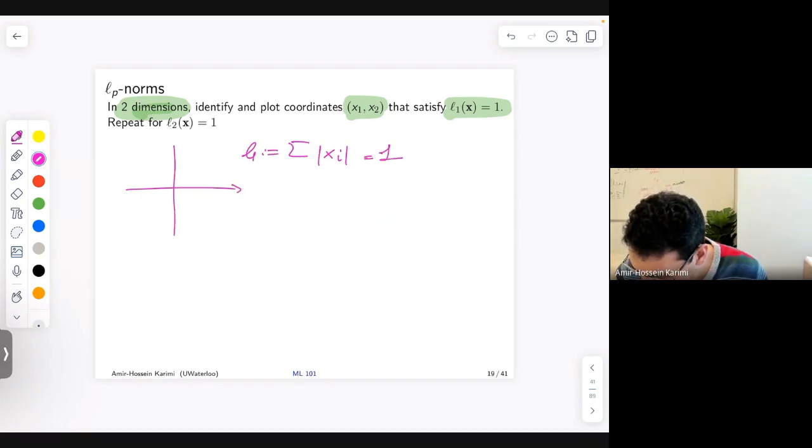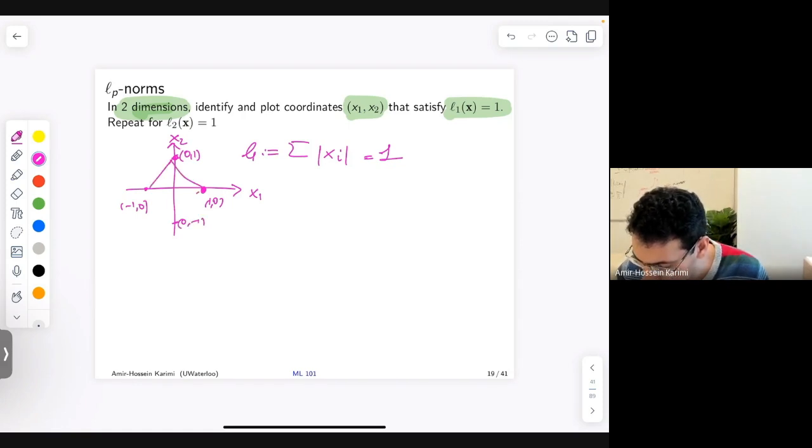So if this is x1 and this is x2, then one point would be at the point (1, 0). Another point would be here at (0, 1). We have another one here, (-1, 0), and (0, -1). And then everything in between. Make sense?